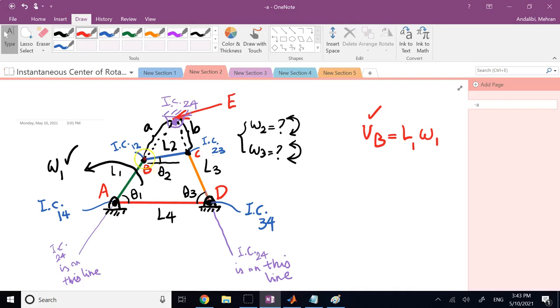But remember, B also belongs to member BC.